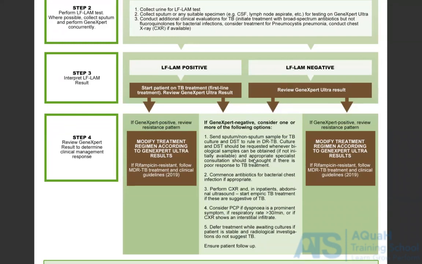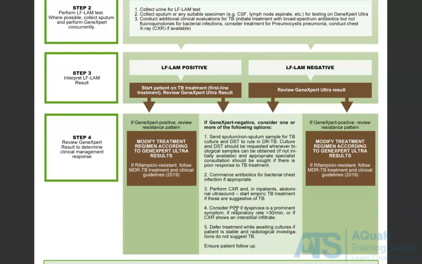So you have to look deeper by collecting sputum or urine for culture, or whatever specimen you can get from a lymph node, send it for culture, treat for community-acquired pneumonia, assess if this is not PCP, and then do your chest X-rays and decide what you want to do.